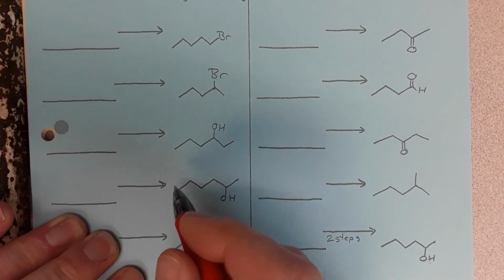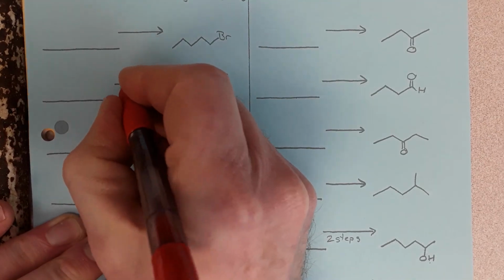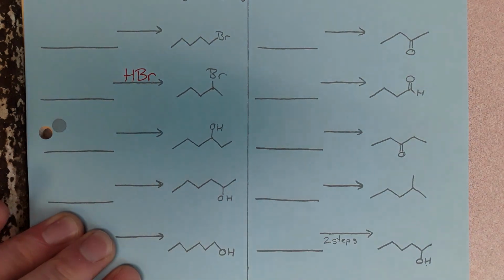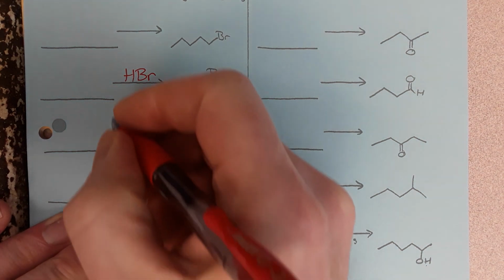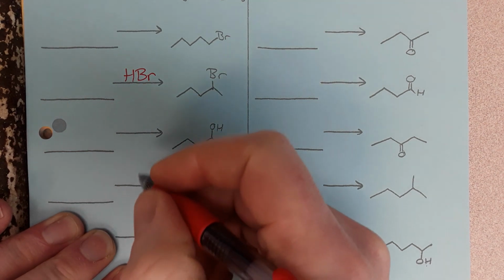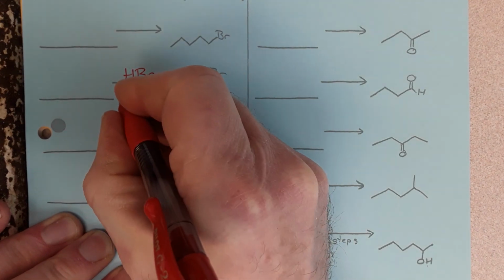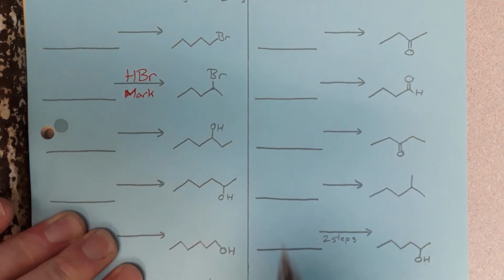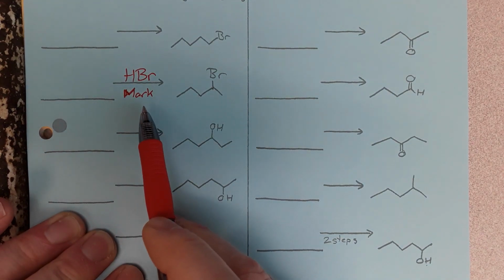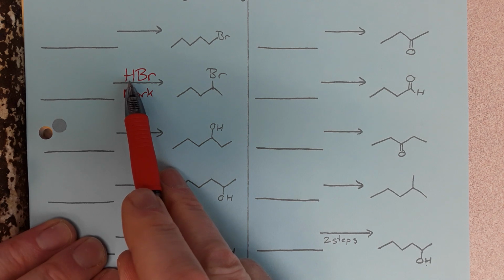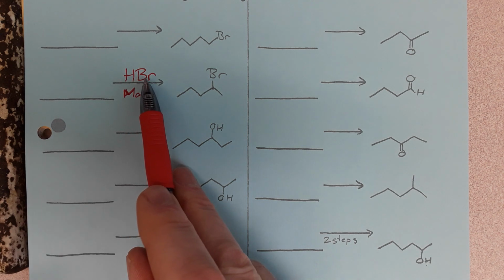And so the reagent that you'll be using is HBr, and you know that HBr adds by Markovnikov's rule. And so you know that the hydrogen adds to the end that has the most hydrogens already, and the bromine adds to the other end.